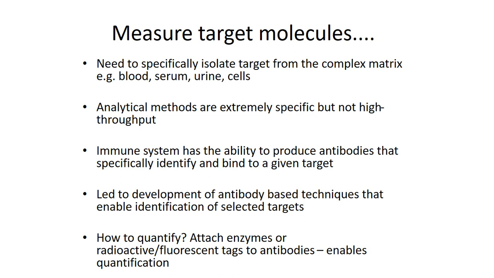And of course the next thing then is, okay, so we detect the targets, how do we quantify them? And generally speaking, in ELISAs, the quantification will be done through the use of enzyme-mediated activity, or in other technologies you can also have fluorescent tags attached to the antibodies which enable quantification.